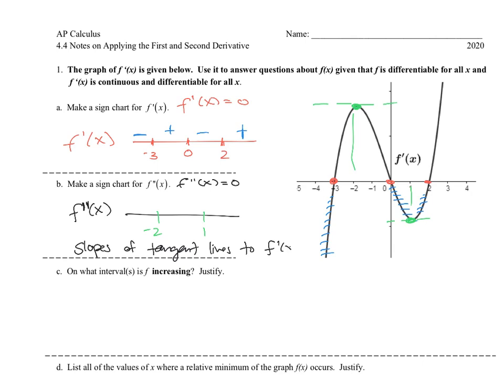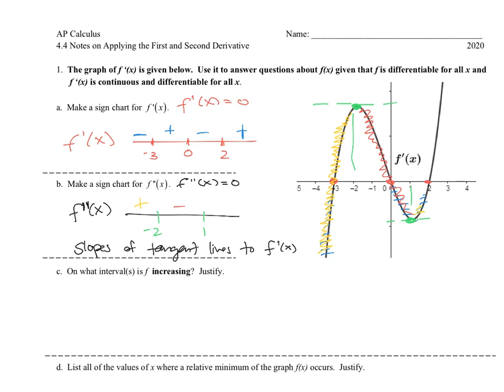to f prime, okay? As I start on my journey along this section here, if I were to draw on tangent lines, I would have positive slopes for those tangent lines. Then as I continue on my journey, if I were to draw in tangent lines, I would have negative slopes between -2 and 1.